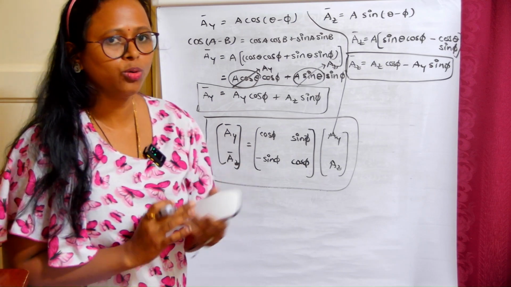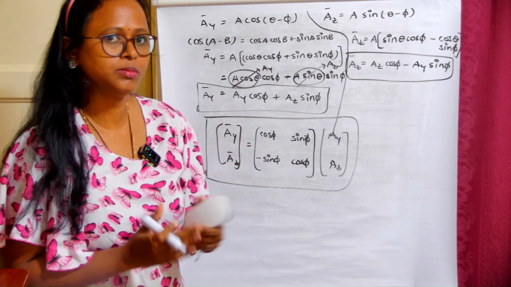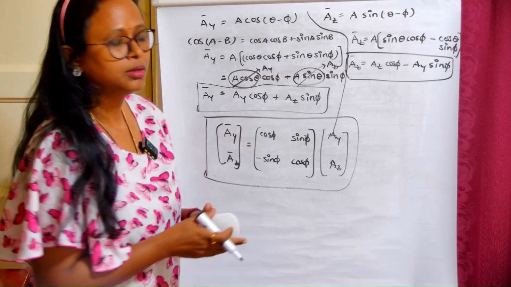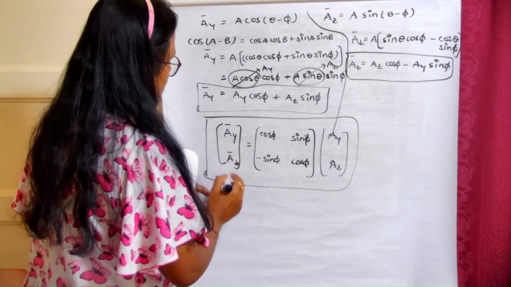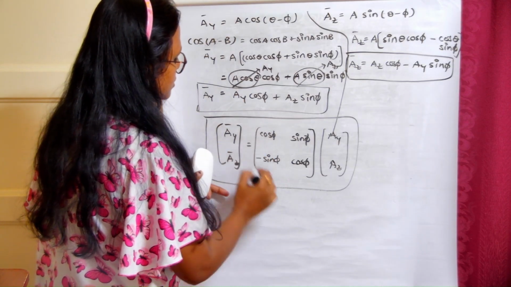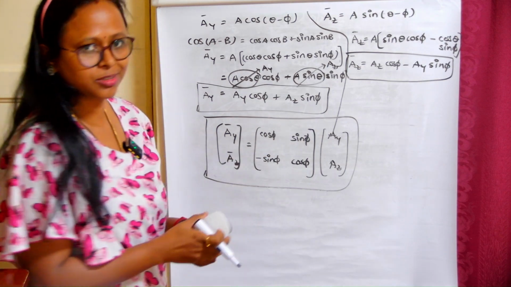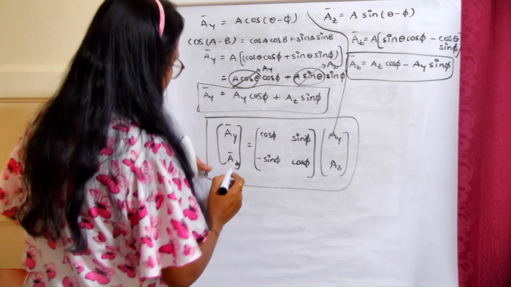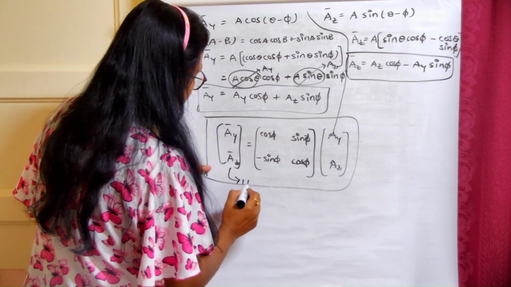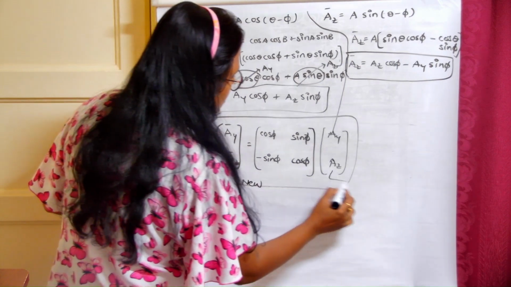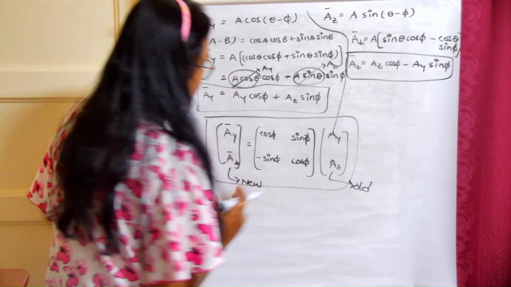If the whole Cartesian coordinate system is rotated with an angle phi, then we have to extend another term here. We will get a 3 by 3 transformation matrix. These are the new coordinates and these are the old coordinates.